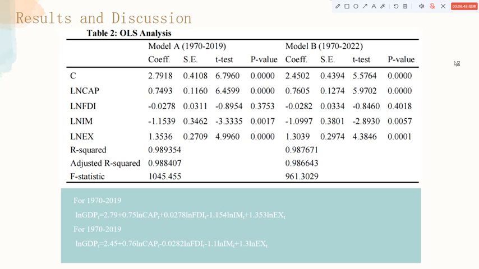Although log FDI is not significant in the two regression models, its coefficients have inconsistent positive and negative signs, which may hint at the complex impact of this variable on GDP under the influence of COVID-19. We speculate that the long-term effects of FDI on the economy may be greater than its short-term effects, and these long-term effects may not be captured by existing statistical regression models. Therefore, it may be more appropriate to adopt a VECM model to capture more fully the long-term impact of FDI on GDP.